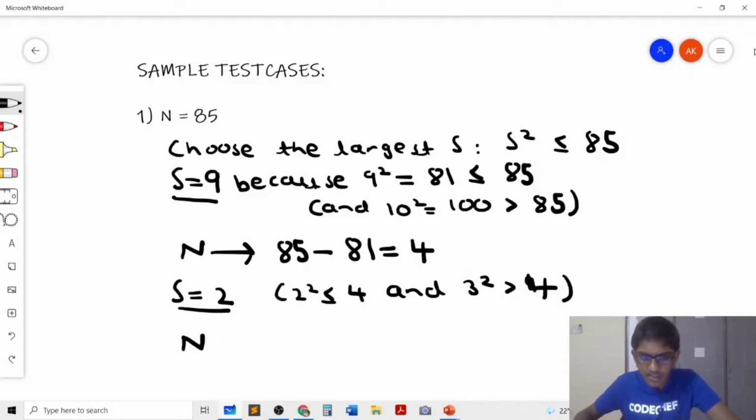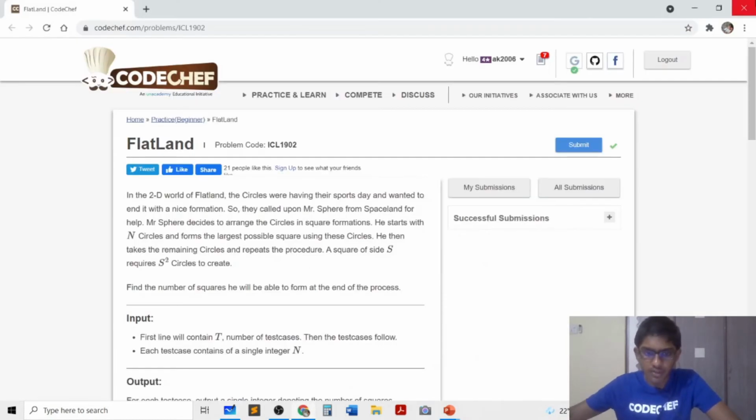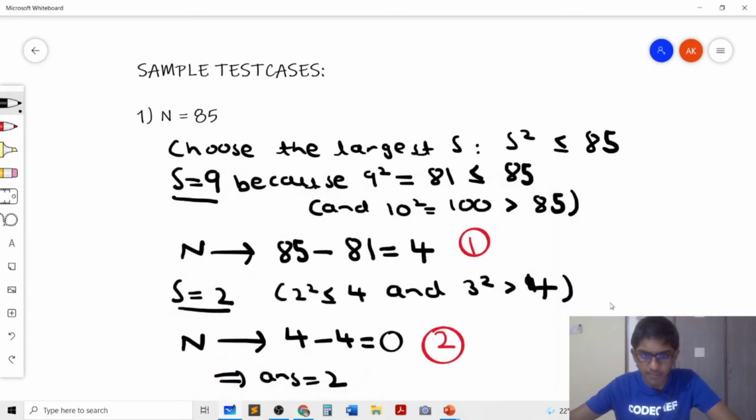Hence the resultant value of n will be 4 minus 4, which is 0. As you can see, we had two steps, this is step 1 and this is step 2. This means that our final answer is just 2 for the first sample test case, and you can verify that this is correct.